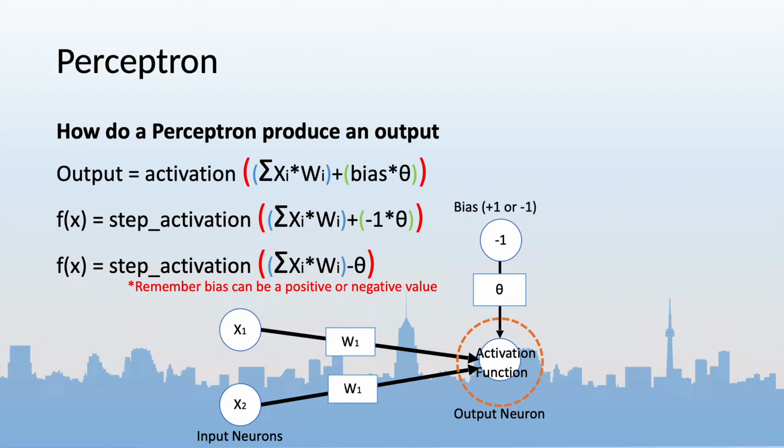Now we will learn how to calculate the output, how the perceptron works. In the previous class, we learned the elements of perceptron or neural network. We have the neurons. This is called neuron.